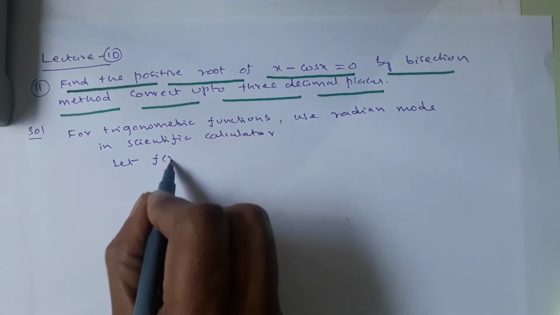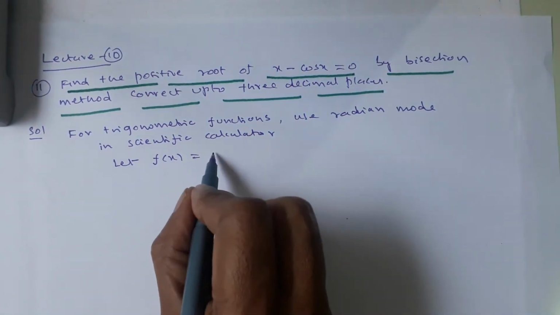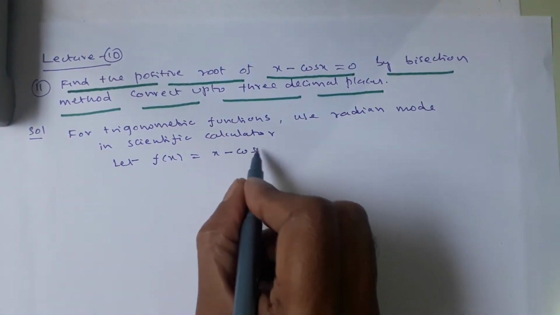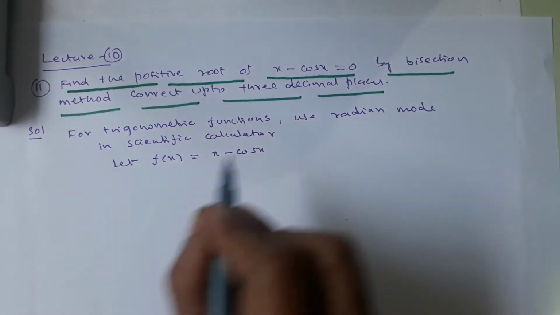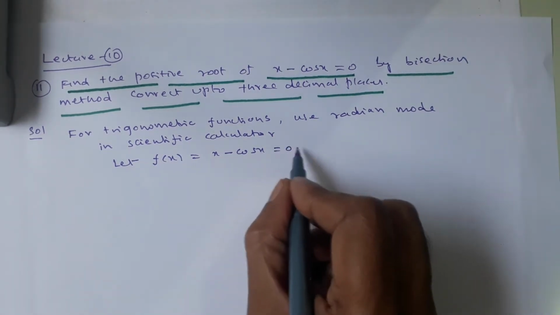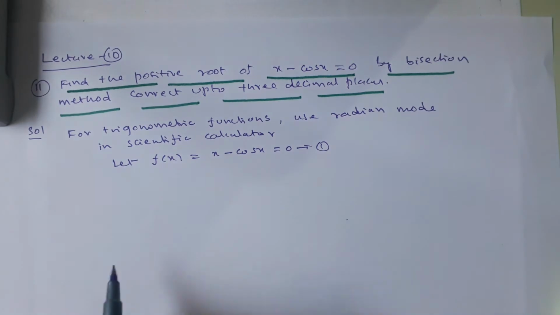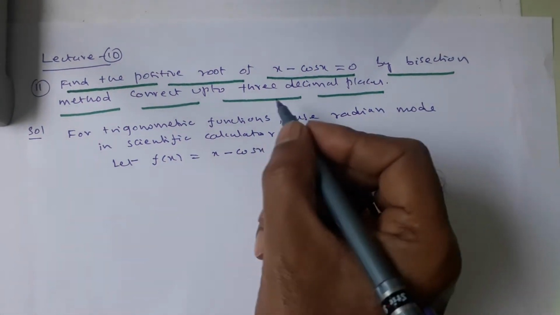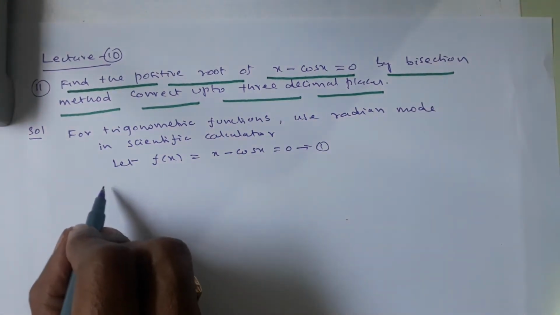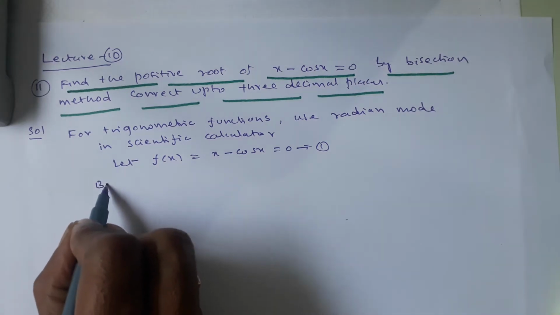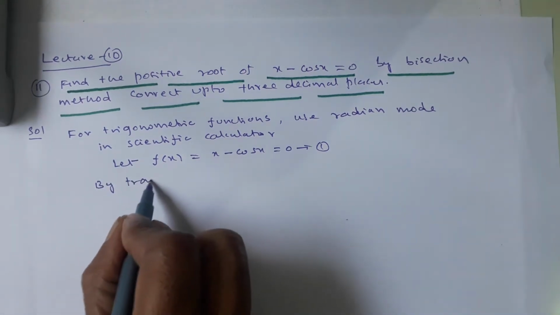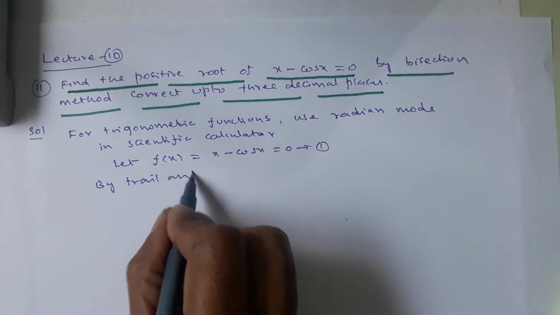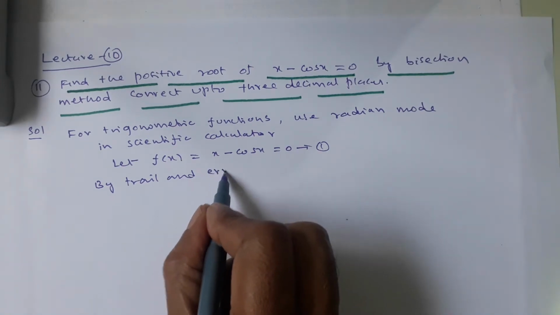Let f of x is equal to x minus cos x. Of course, f of x is equal to 0 is the equation. As intervals are not given for this problem, find the intervals by trial and error method.